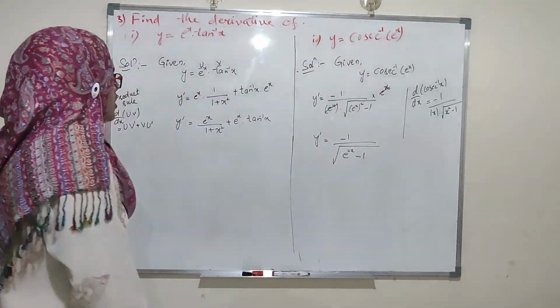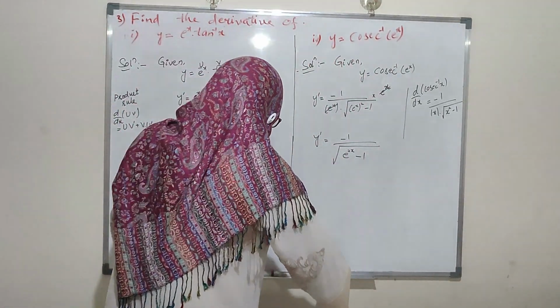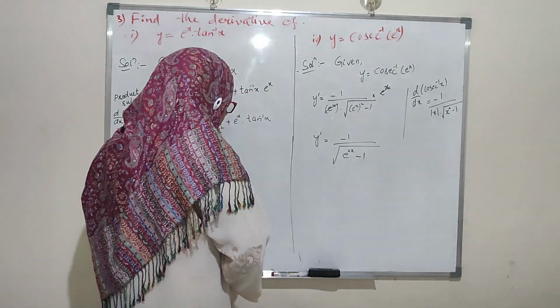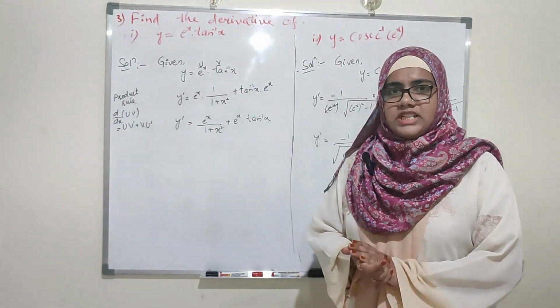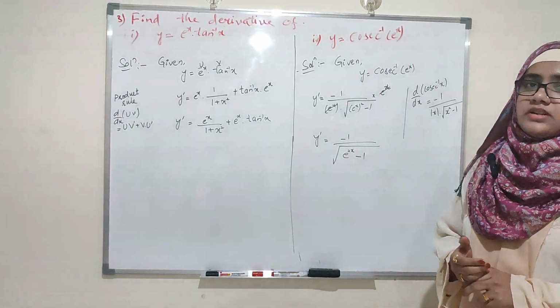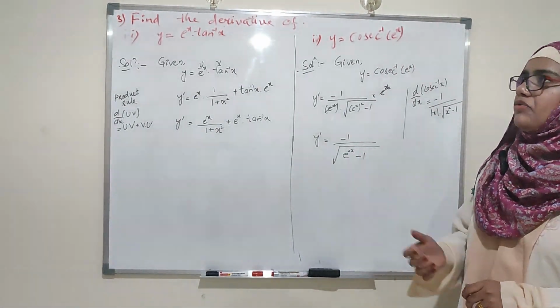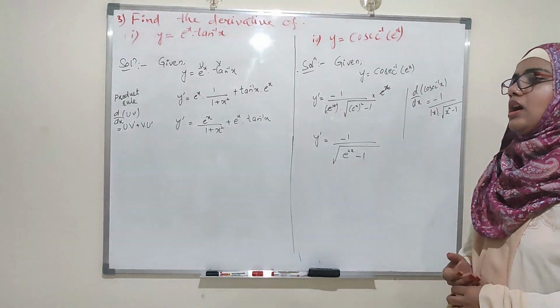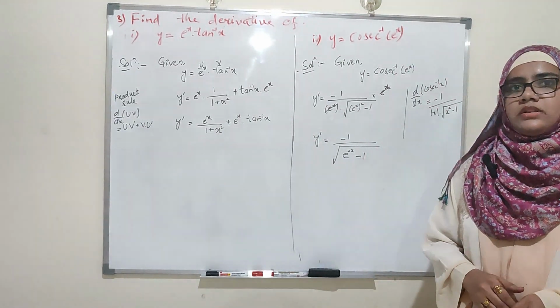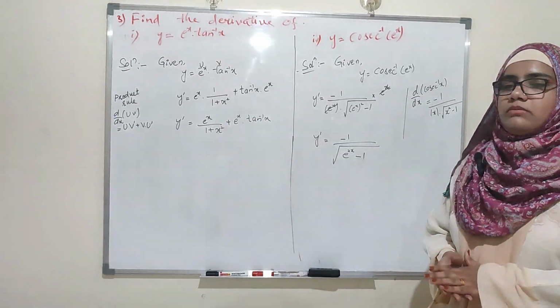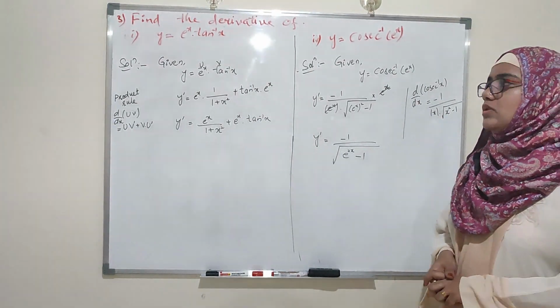That means it's very easy and interesting also, if you understand the basic formulas for the derivatives of inverse trigonometric functions. I will show you in the previous class how to remember these formulas, with one simple trick also.